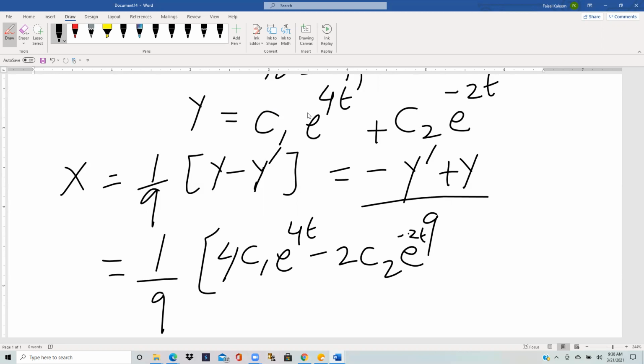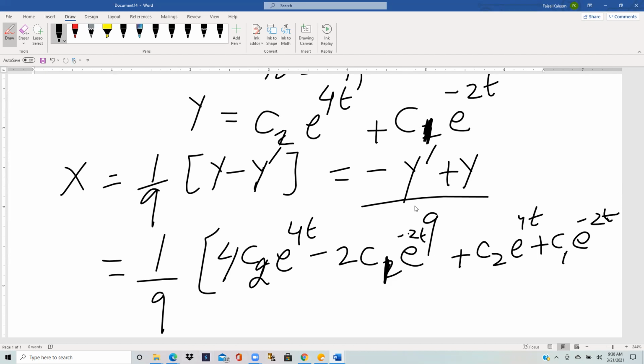And now remember, they had their c1 and c2 backwards. So they had c2 here and they had c1 here for the y. So let's just keep that. So 4c2 e to the 4t minus 2c1 e to the negative 2t. And then plus y, so plus c2 e to the 4t plus c1 e to the negative 2t.